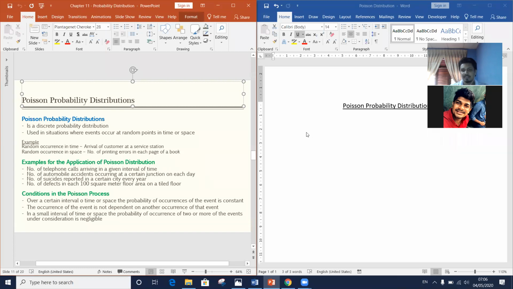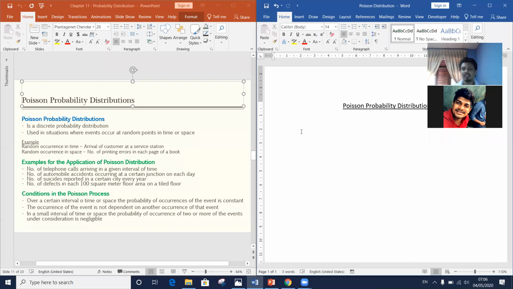For an example, on an average, there are 10 COVID-19 patients reported per day in Sri Lanka, right? If that is the case, what is the probability of reporting 20 patients per day?